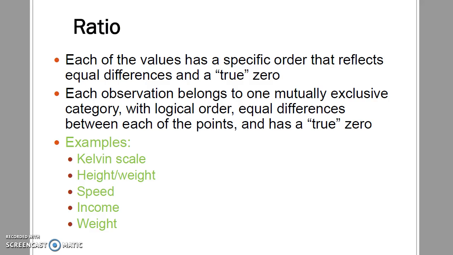Income can be zero, and then weight, height. In real life, you obviously cannot have a weight of zero, but the fact is that between the ratio and the interval, the ratio also reflects equal differences and logical order, but it can have a true zero, which is not possible in interval data.